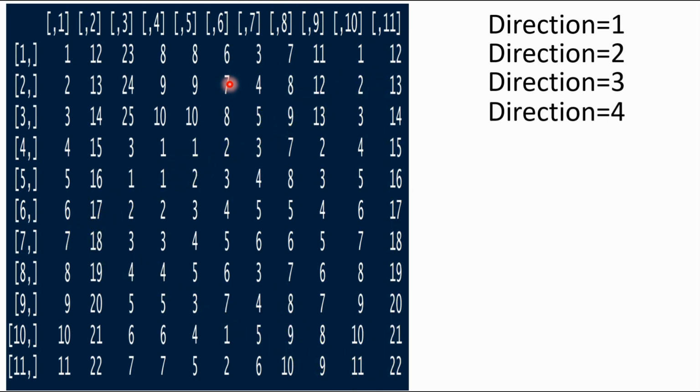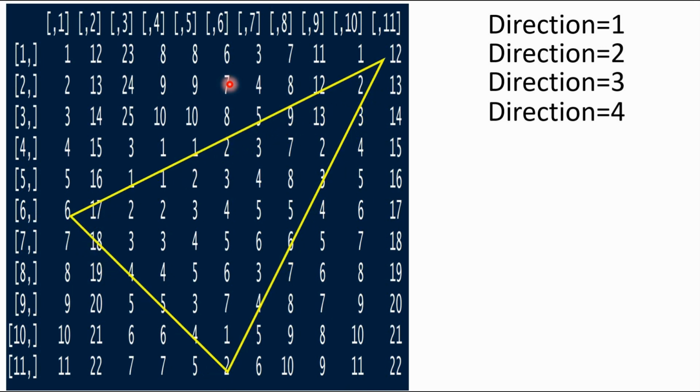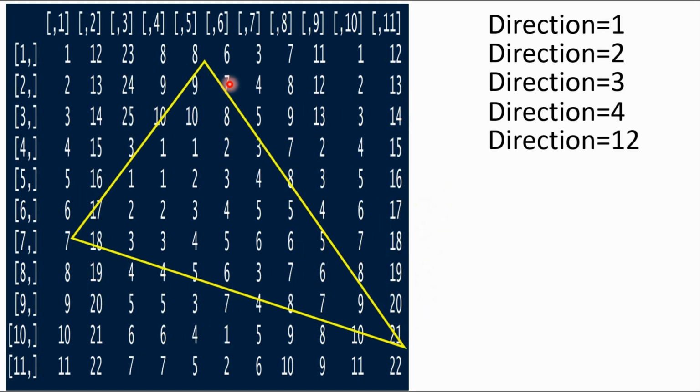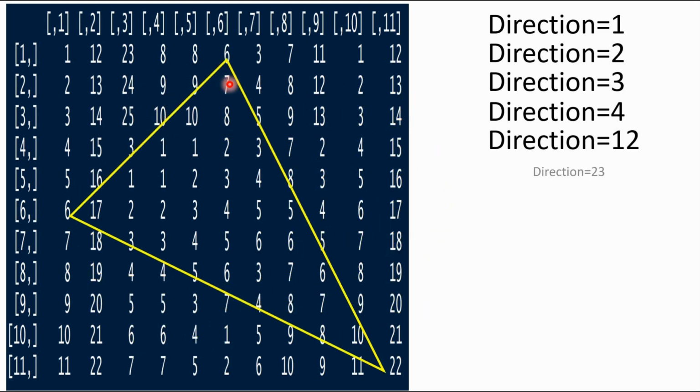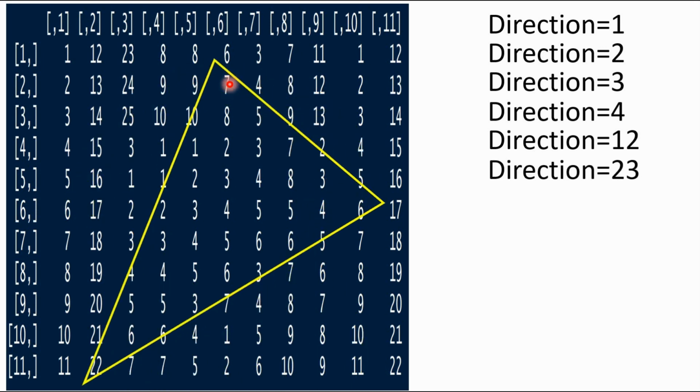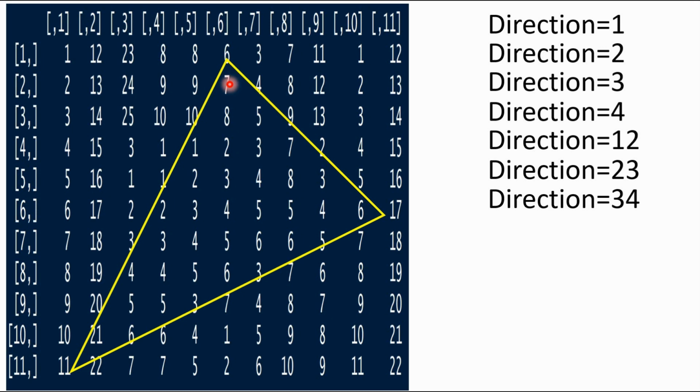There may be some other situations in which your triangles may be pointing towards the 4 corners. In this situation, the tip of this triangle is pointing toward the corner. Here you use direction 1, 2. If it is pointing towards this corner, then you use direction 2, 3. And if it is pointing towards this corner, then you use direction 3, 4.